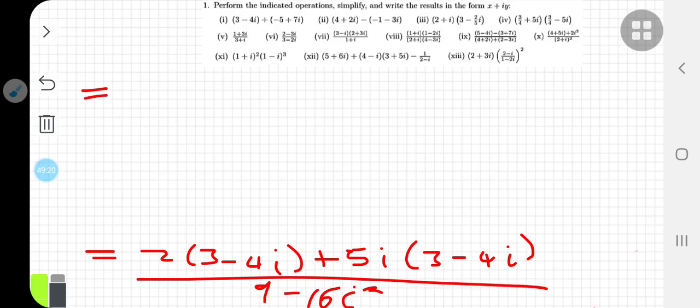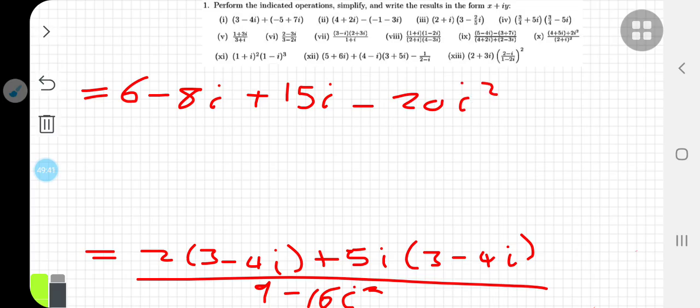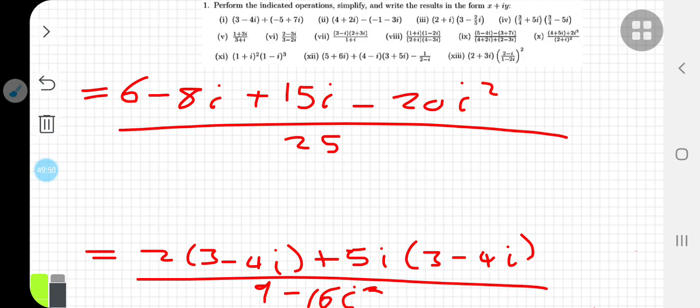So we're going to have 6 there minus 8 there plus 15i there, then minus 20i squared over, so it's going to be 9 plus 16. That will just give me 25.